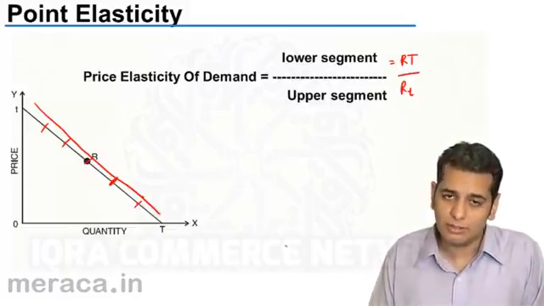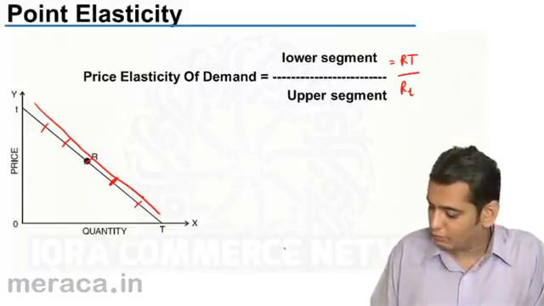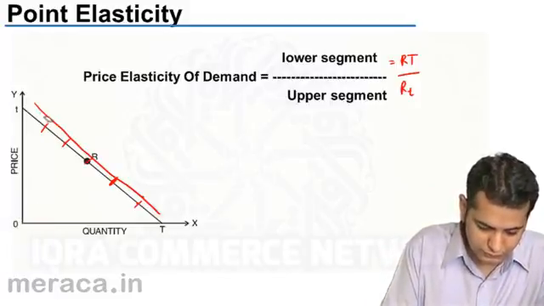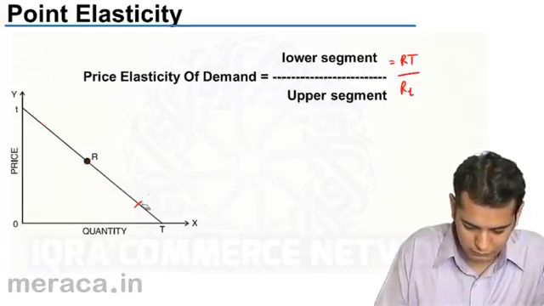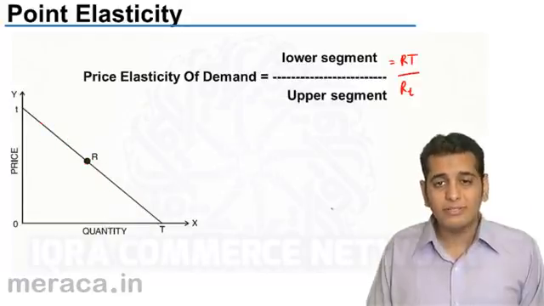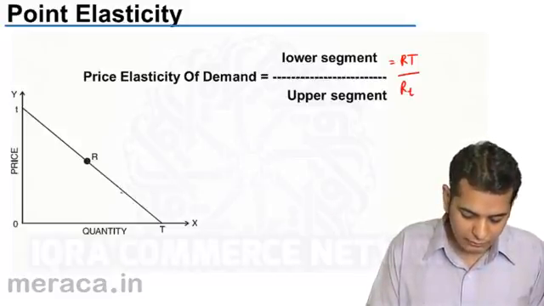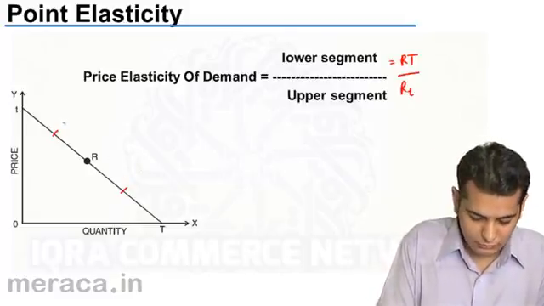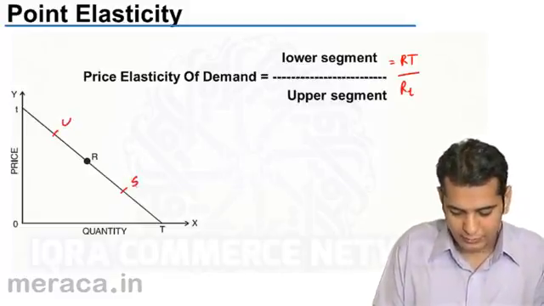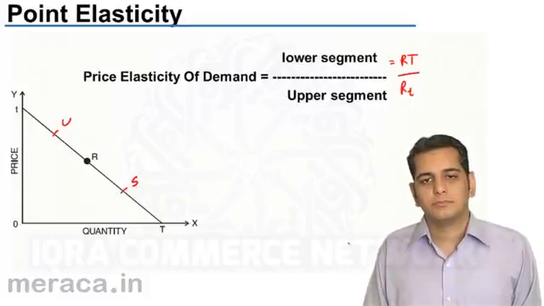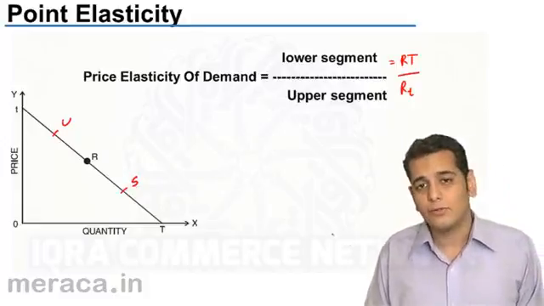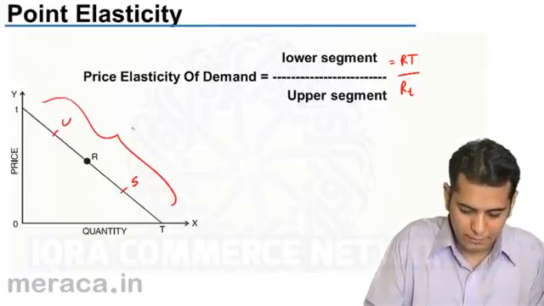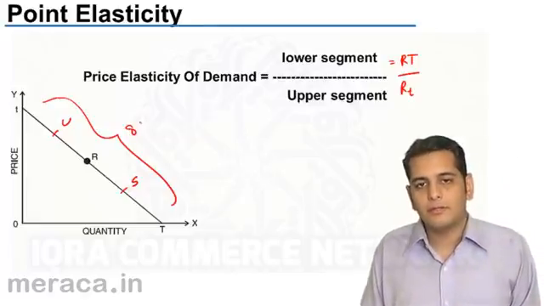Now let's, for our convenience, try to number this. Now let's divide this demand curve into 4 parts with the points U and S. Let's assume that the length of this demand curve is 8 centimeters.